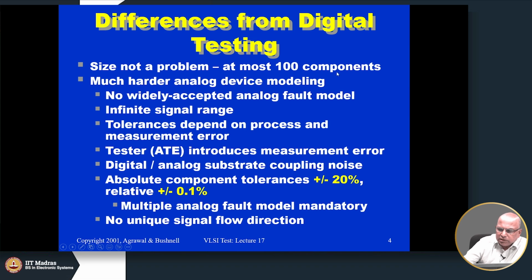The difference between digital and analog testing is, see, in digital testing the size is a problem, the number of gates is very high, but in analog testing that is not really a problem. Analog ICs do not have a lot of transistors, okay.